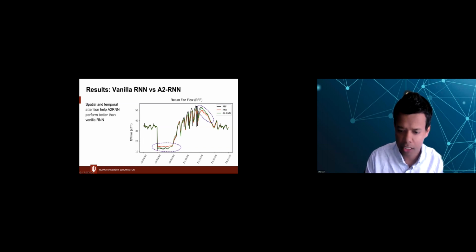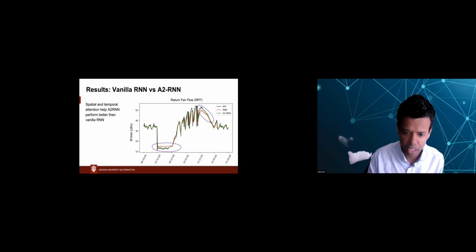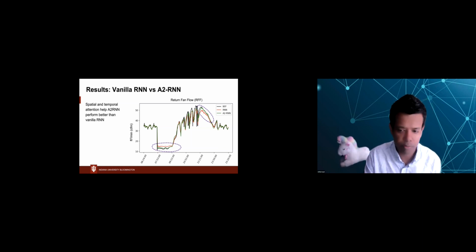The black line represents the ground truth. The red represents the vanilla RNN model without any attention score. That means we simply apply a recurrent neural network to predict future values. That is also multivariate, meaning that we can also use multiple variables in vanilla RNN. And the green line represents the attention-based RNN, where we apply both spatial and temporal attention.